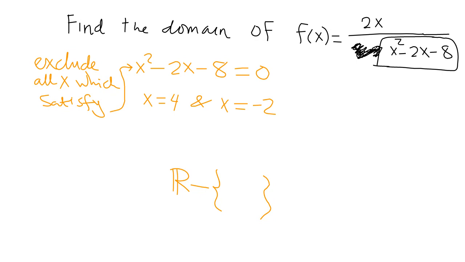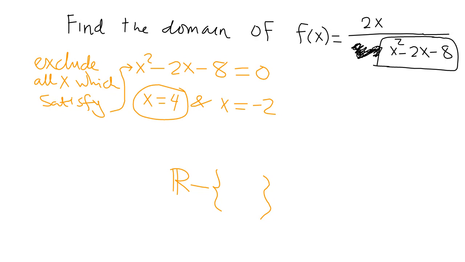So if you substitute 4, you will end up with 16 minus 8 minus 8, 0. 2 times 4, 8 divided by 0. I don't want this value. If you substitute minus 2, squared, 4, plus 4, 8, minus 8, 0. So we divide by 0 again.